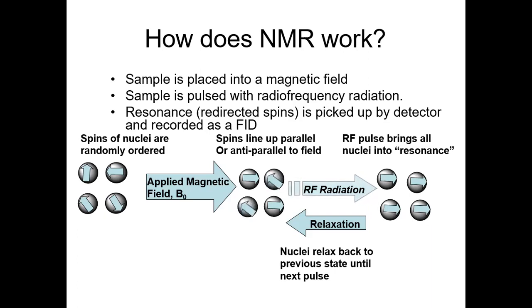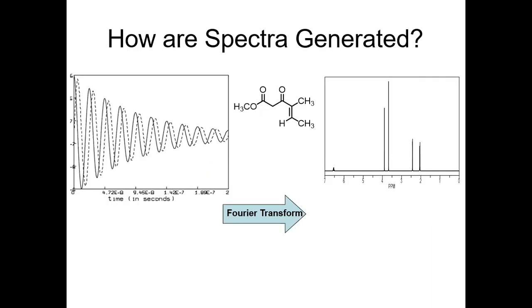And then after which you generate what's called an FID, which is this weird looking graph over here. And then you do a Fourier transform. That's not something that you have to do. That's something that the processing software does. And it converts the FID into a spectrum, right?